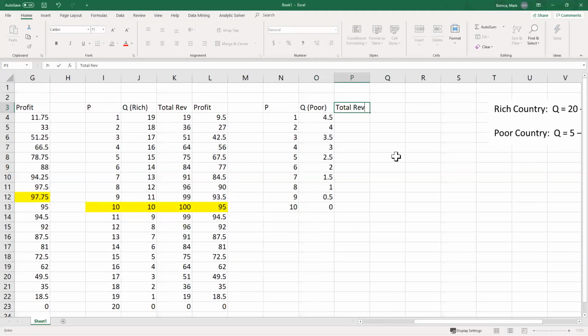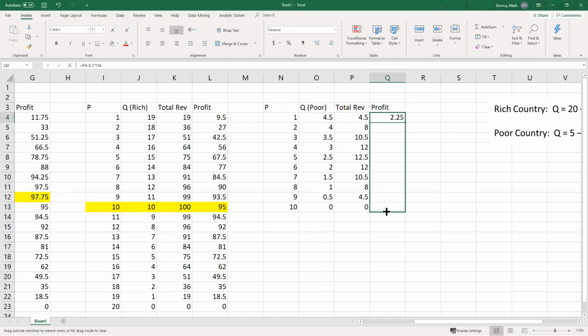Total revenue is equal to the price times the quantity. Copy that down. Right, so we've got maximum total revenue at 5. Profit is going to be total revenue minus 0.5 times the quantity.